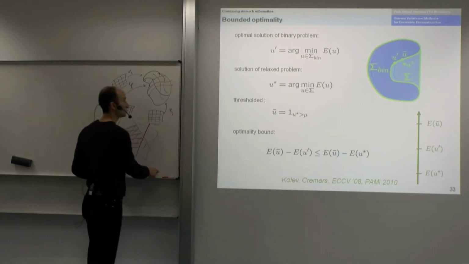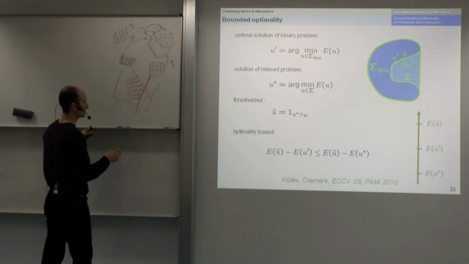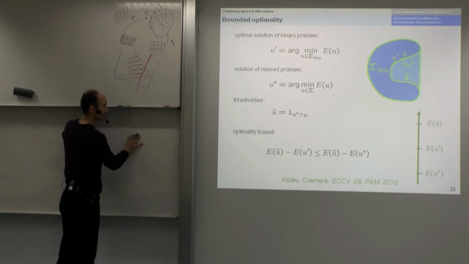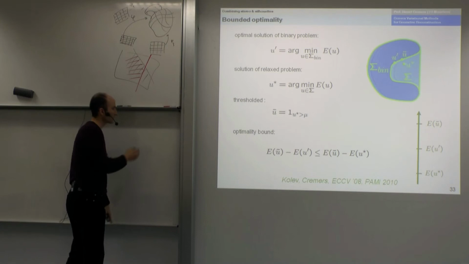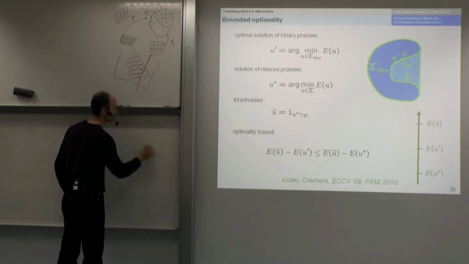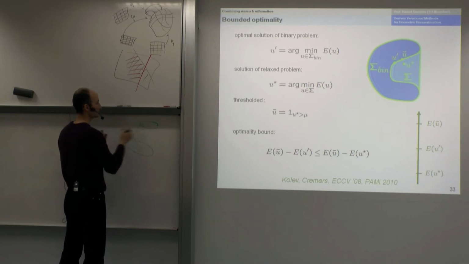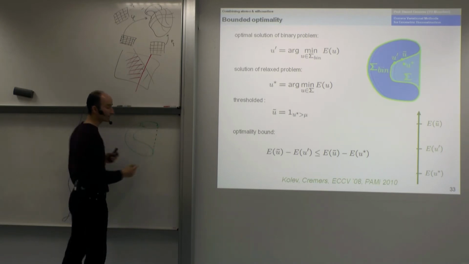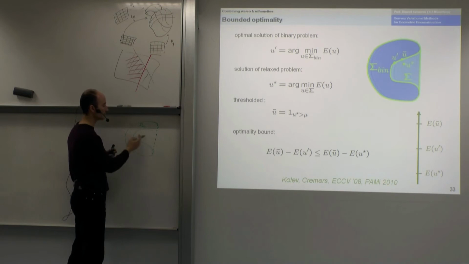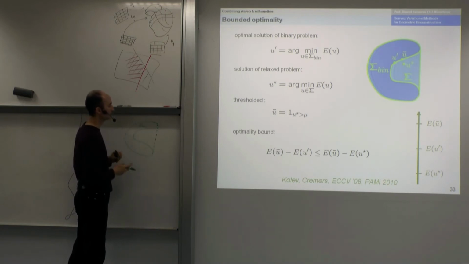To give you more insight into a better strategy, let's say here is our non-convex domain, sigma, the binaries, and once we construct the convex hull of this, we have this larger domain, right?